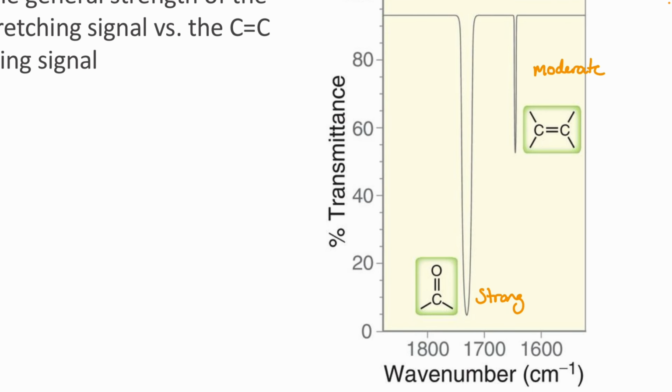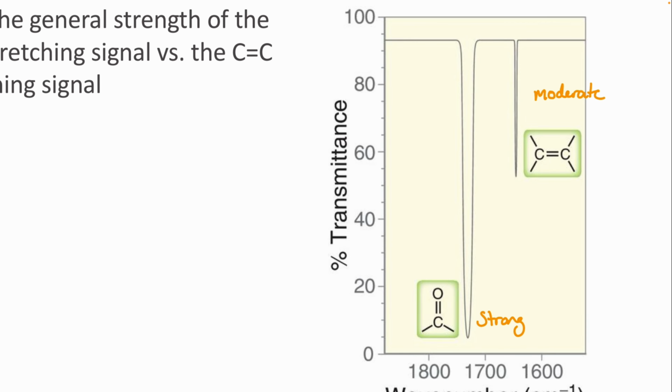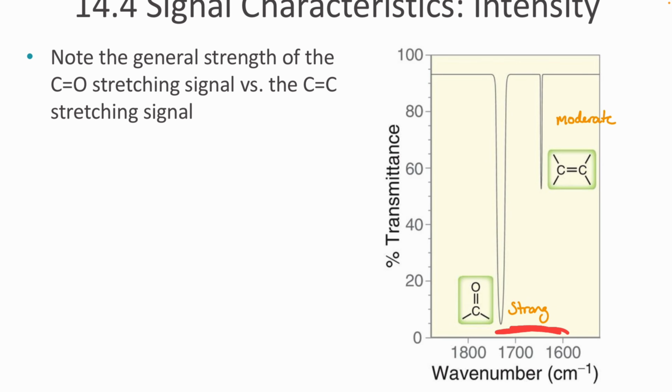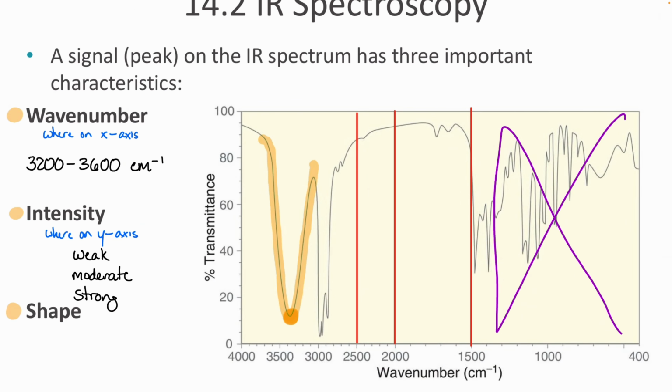To be clear, by strong, we would mean a peak that extends all the way down on our graph. Moderate would be about midway, and weak would be something closer to baseline. By intensity of the peak, we mean just how many photons are being absorbed. So this peak here, coming very close to my 0% transmittance, we would call a nice strong peak.